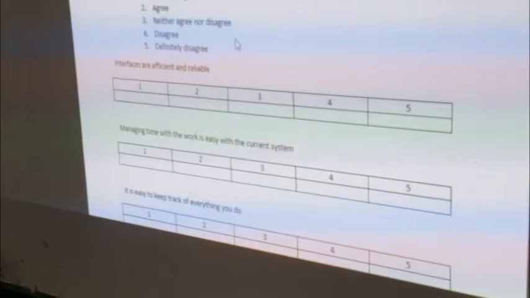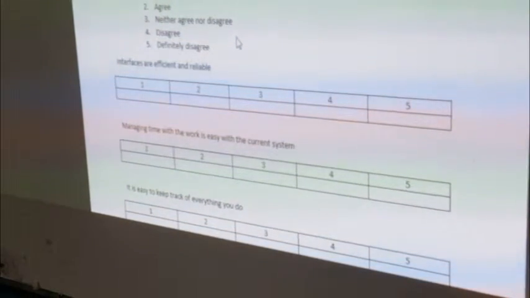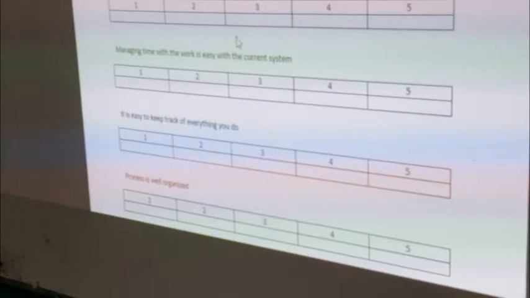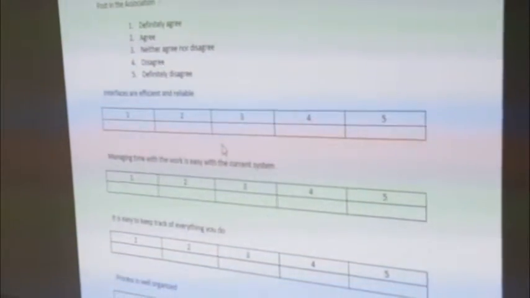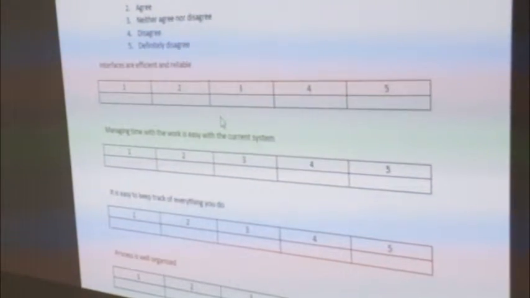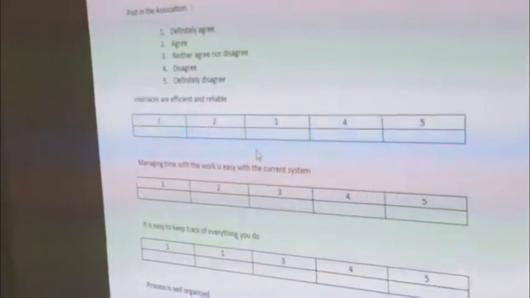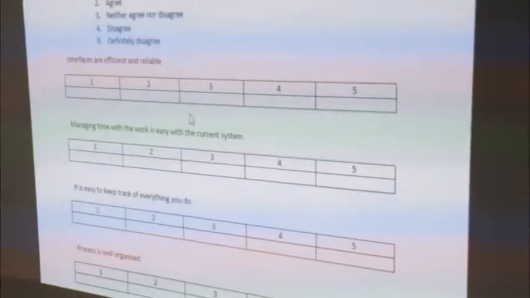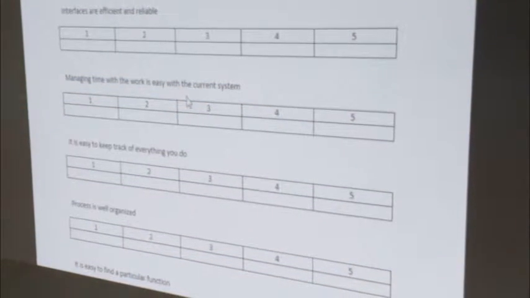This is the questionnaire. This is the feedback questionnaire. Ask them to print here. Yeah. And these are the questions we've asked, and this is on a scale of 1 to 5. 1 being definitely agree, 2 being agree, neither agree nor disagree, disagree, and definitely disagree. And the first question is, interfaces are efficient and reliable.